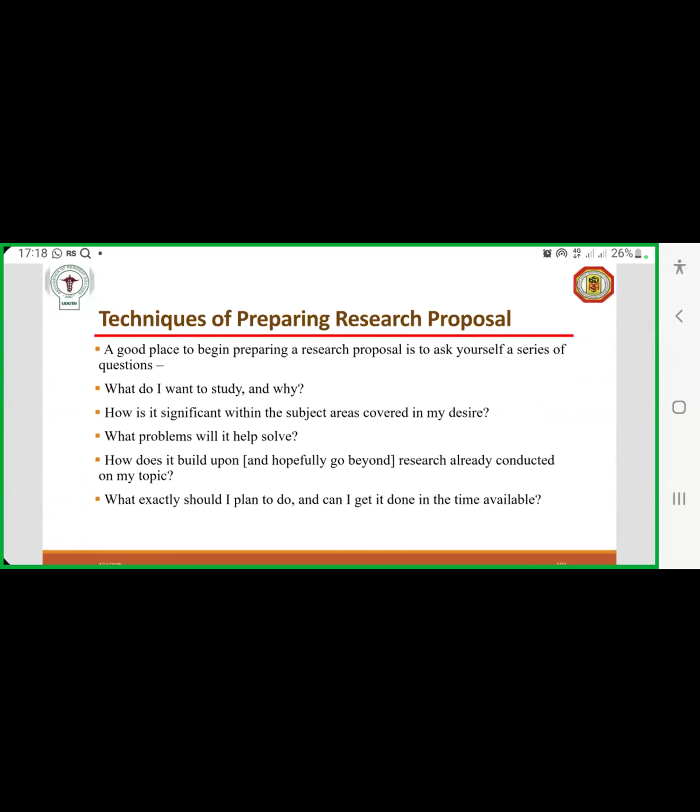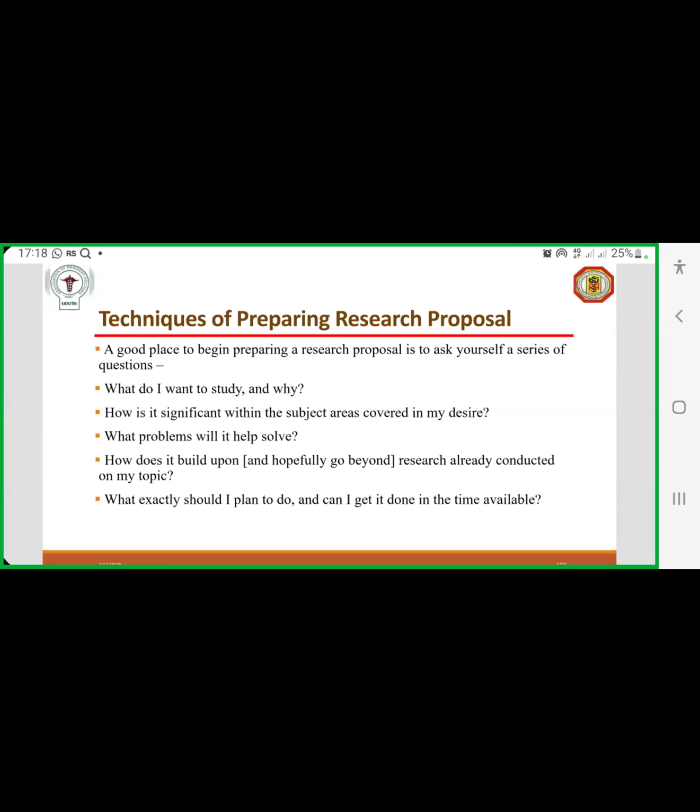What are the techniques of preparing a research proposal? If you are preparing a research proposal, you have to use some techniques. One: a good place to begin preparing a research proposal is to ask yourself a series of questions. What do I want to study and why?